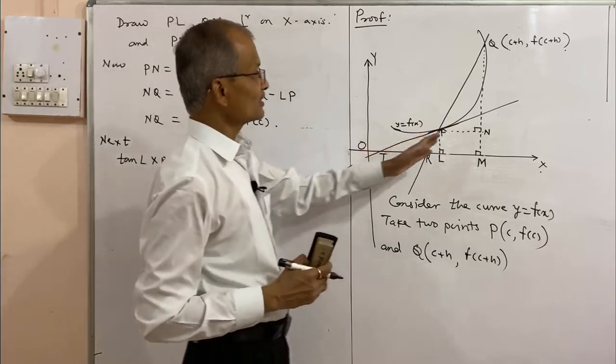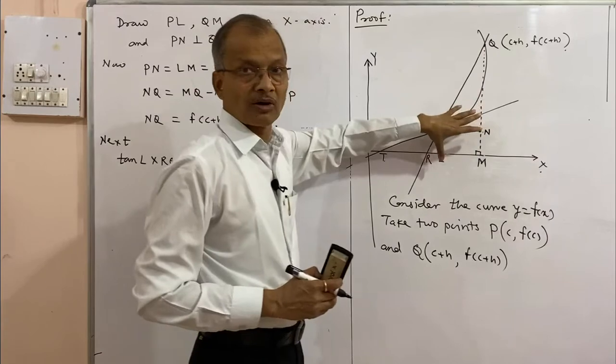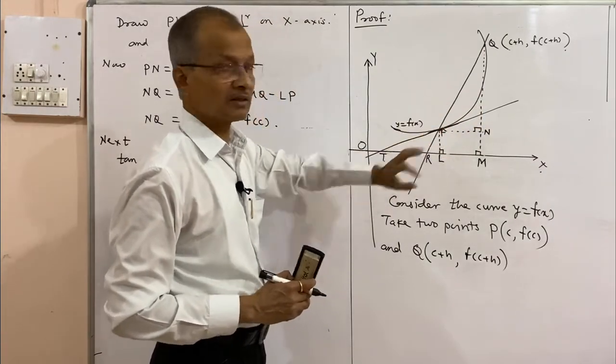But what is this? This will be the slope of chord PQ, because tangent of the inclination of the line is the slope.